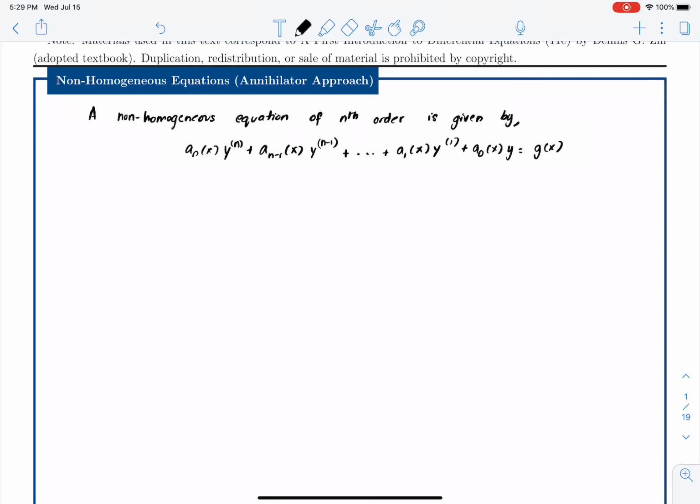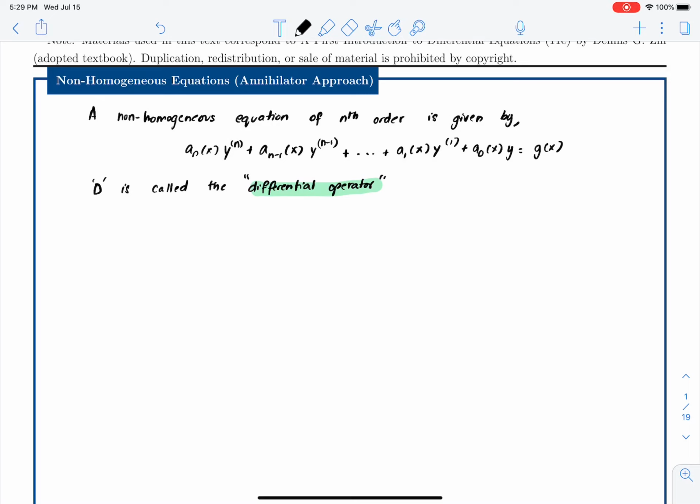Now, D is called the differential operator. It is a very common operator that is used in engineering, and it is used in mathematics, especially in the field of differential equations, difference equations.